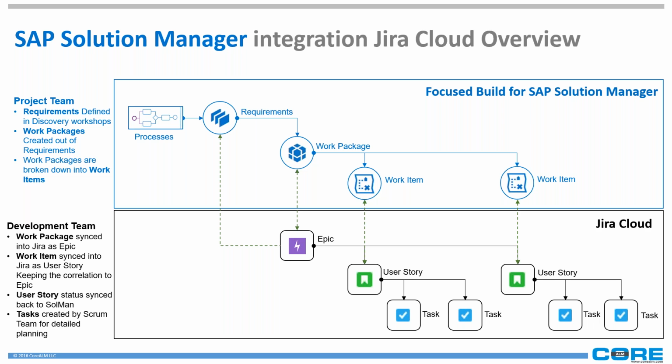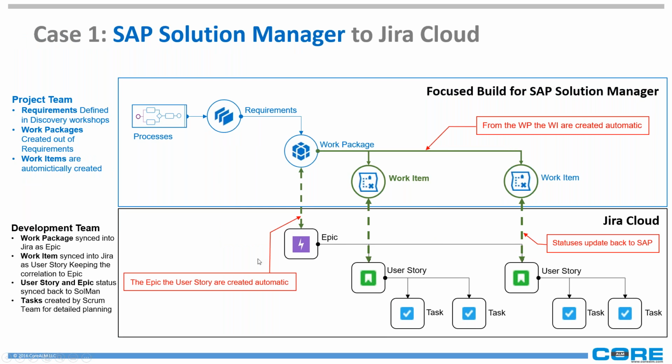The use case for this would be that if you are using Jira for different non-SAP items, for example, or even if it's SAP items, this is where you can integrate your Jira with requirements, work packages, and work items. So the way it works is that we have integrated requirements and work packages to epics, and then we have our work items integrated with user stories. So this way, all of the information is in one place.